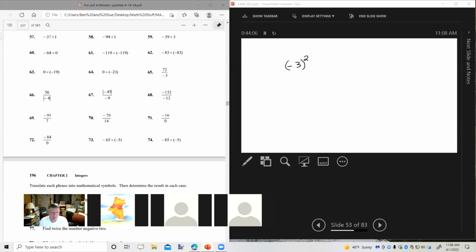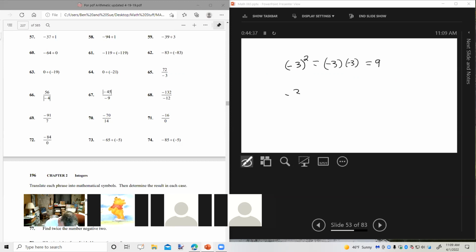When there's an exponent attached to a set of parentheses like it is here, that says that whole thing inside the parentheses is the base. So we have -3 times -3. We have 2 factors of -3. In which case, negative times negative is positive, so we get a +9. Any questions about that example?